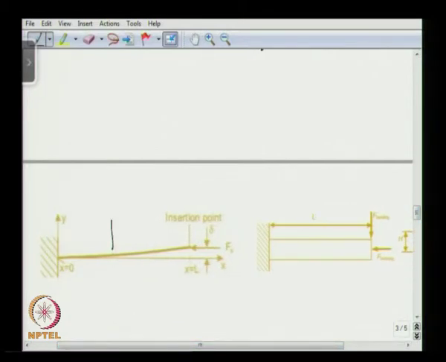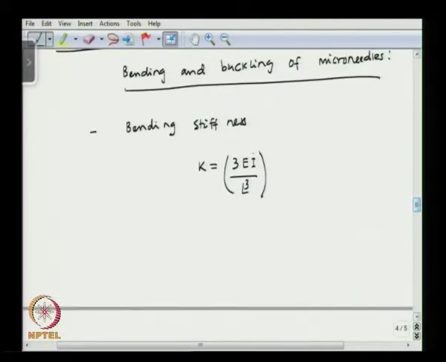The microneedle becomes like a cantilever type of structure, and this is the buckling force which is applied here, and this leads to deflection of the cantilever. So, if the length is L and I is the moment of inertia, then you can write the bending stiffness as 3EI over L cubed. So, this is the moment of inertia, this is the Young's modulus, and this is the length.